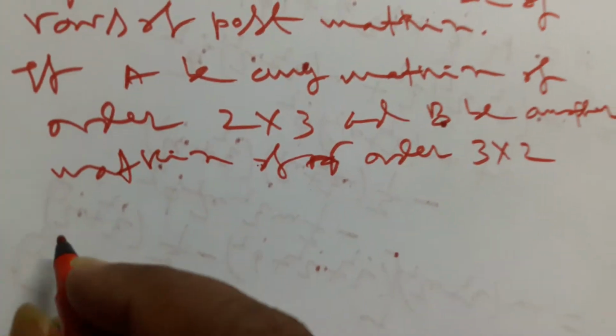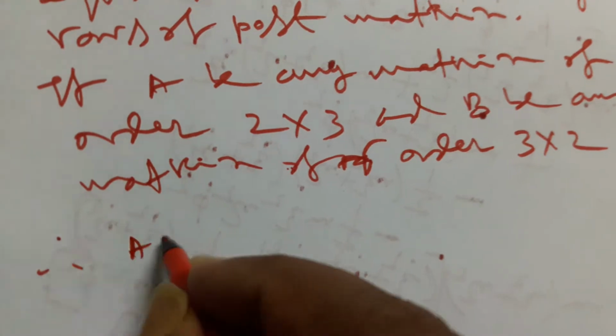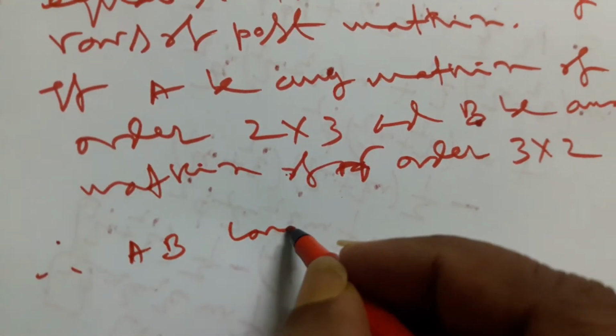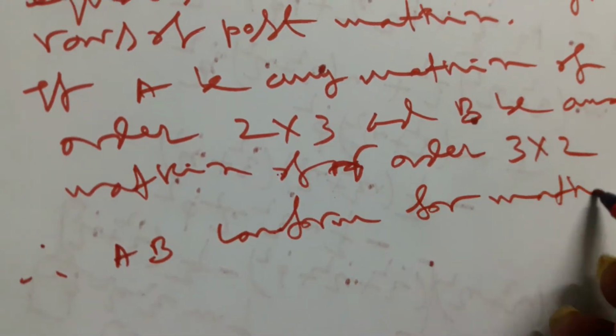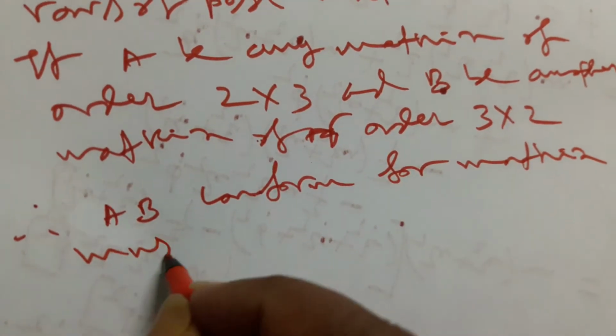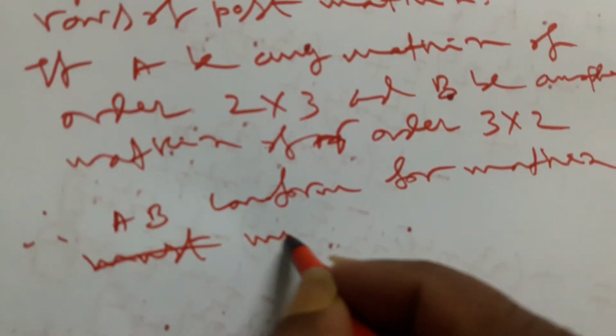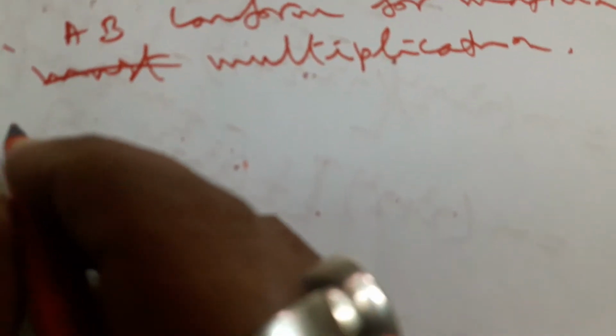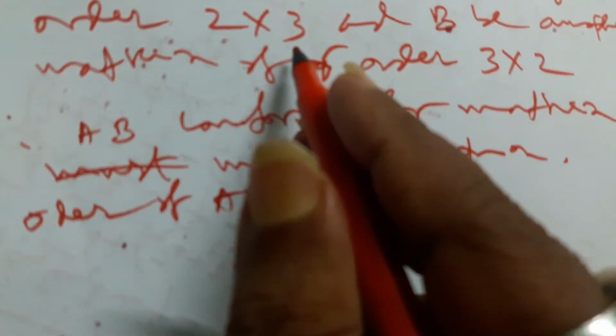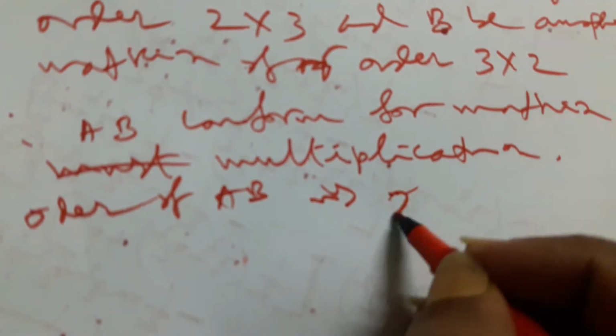So these two are equal, and AB is conformable for matrix multiplication. The order of AB will be 2 by 2.